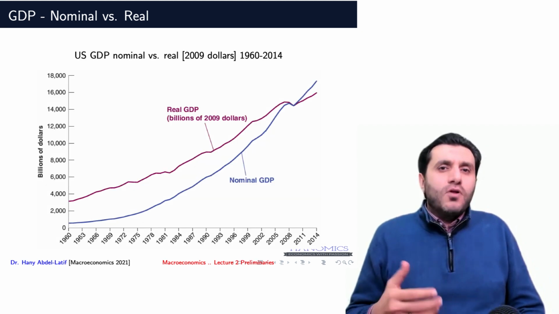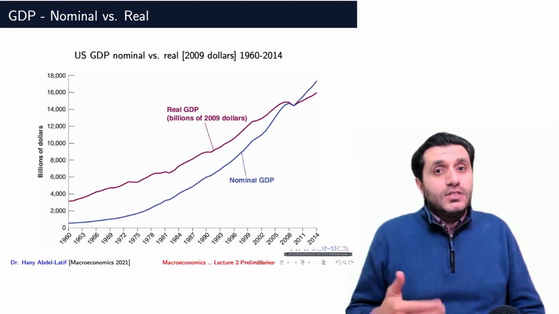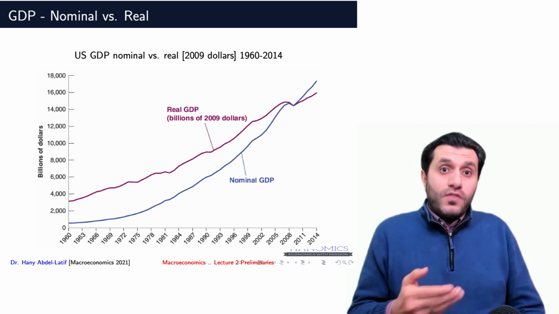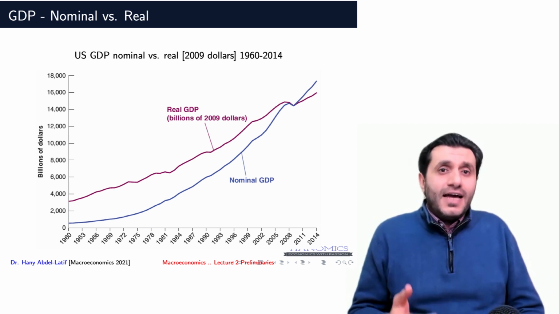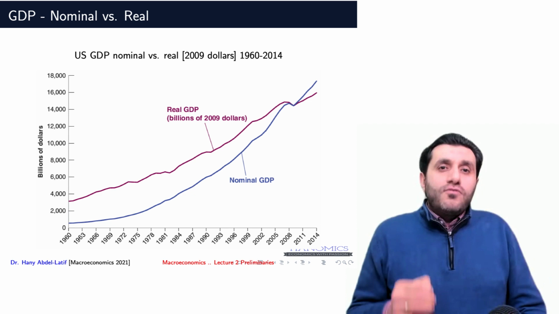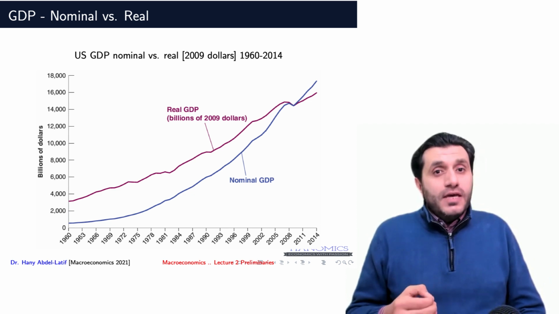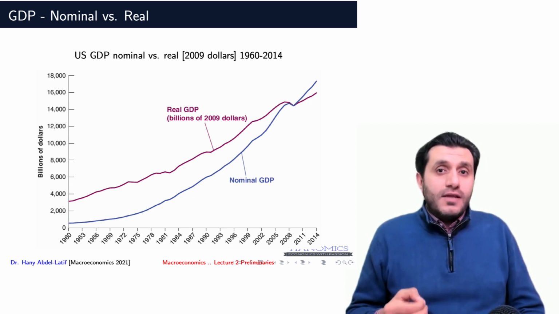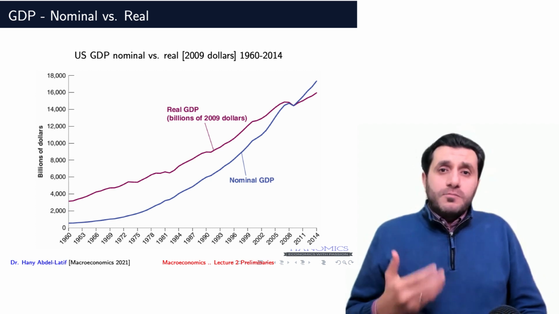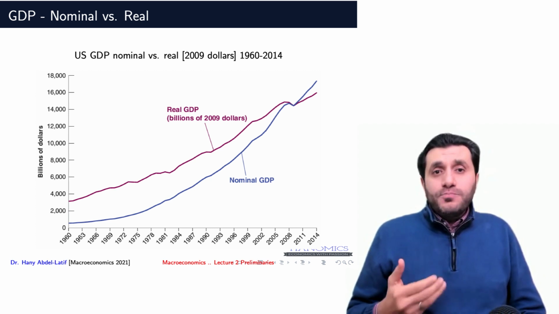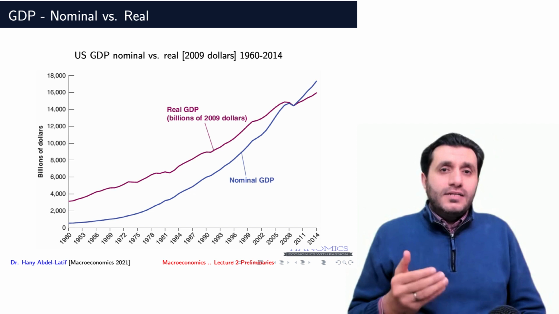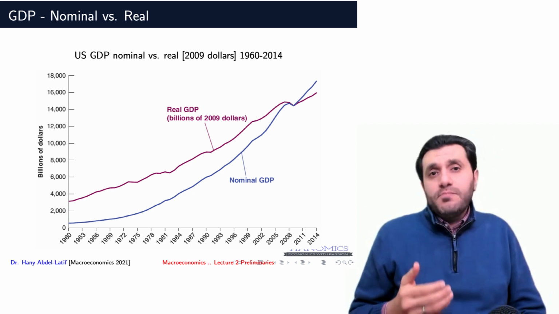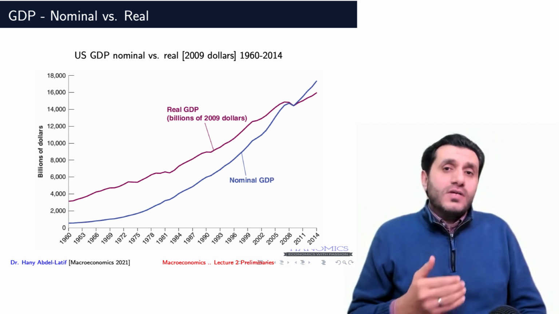Here is another example of nominal and real GDP in 2009 dollars for the US between 1960 and 2014. The red line shows the real GDP in billions of 2009 dollars. It means we multiplied the quantity of output every year between 1960 and 2014 by the prices of 2009.